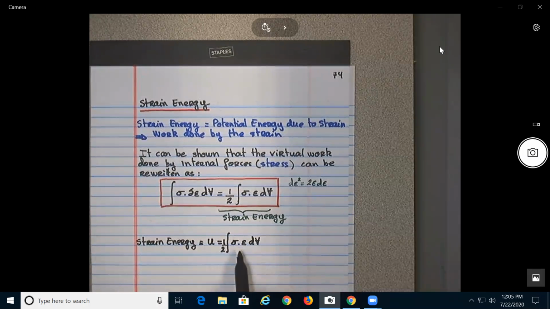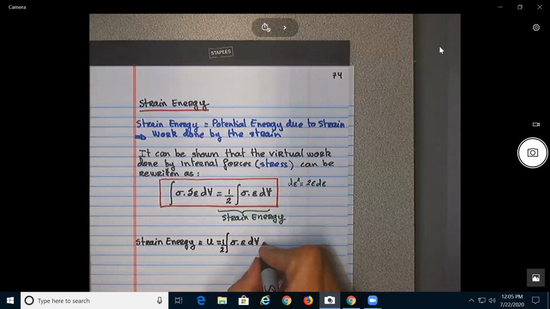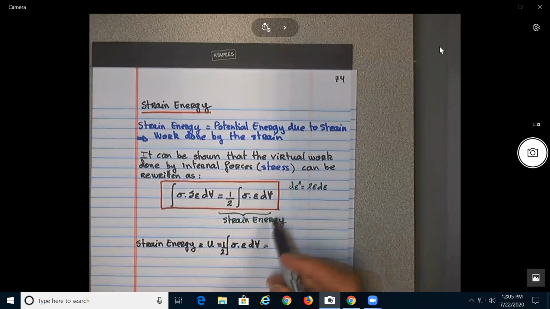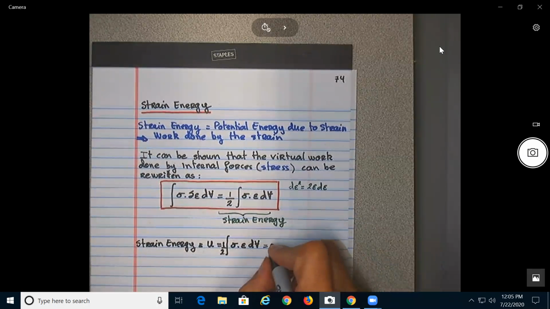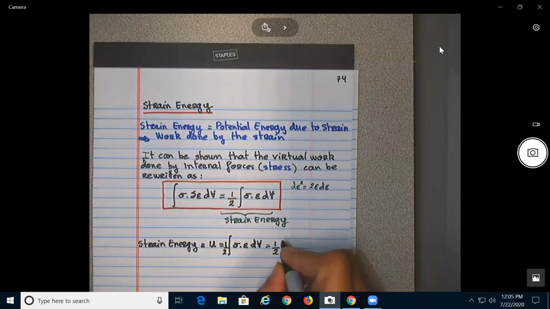This is generally the way it's expressed, but maybe this will give you a hint about how it's derived. I don't have this one in the notes, but I give it to you.